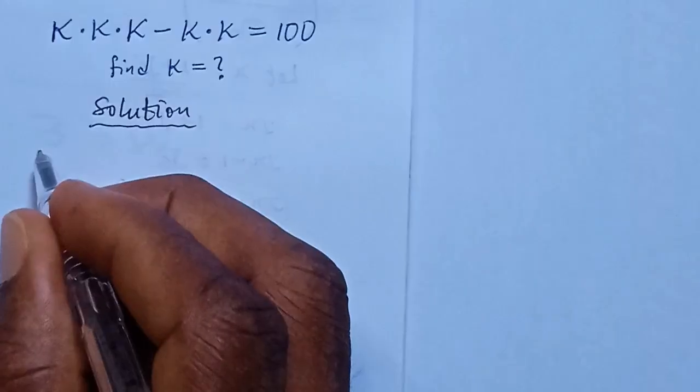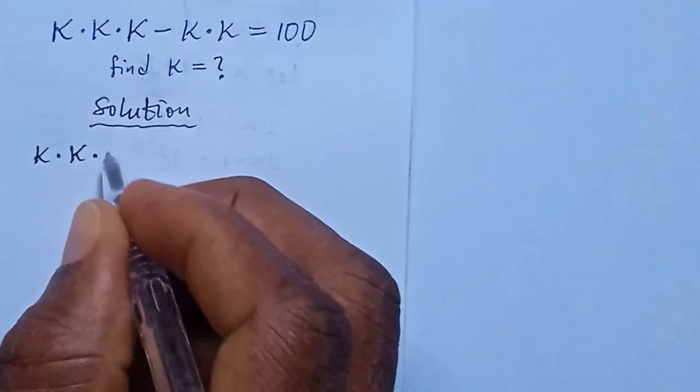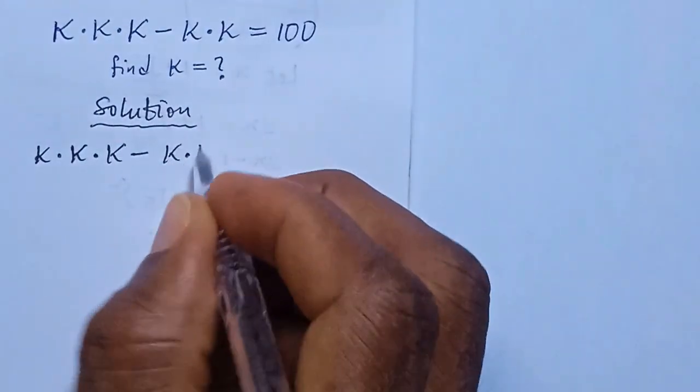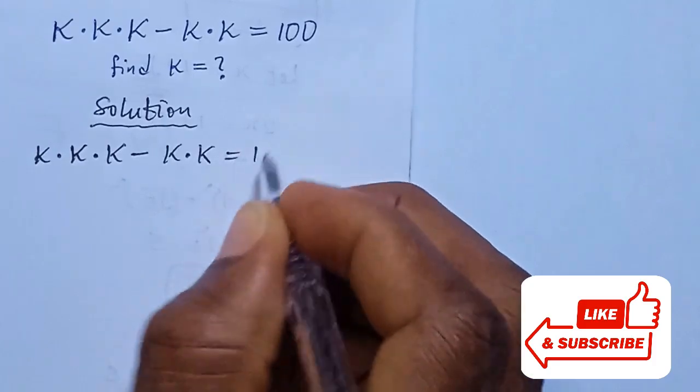So our question is k multiplied by k minus k multiplied by k equal to 100.